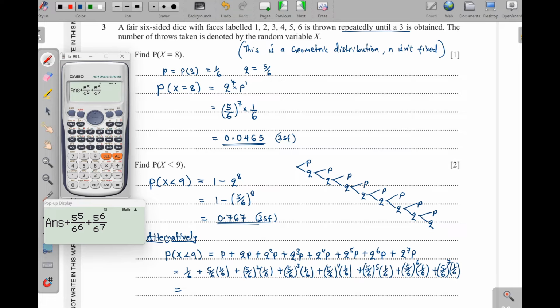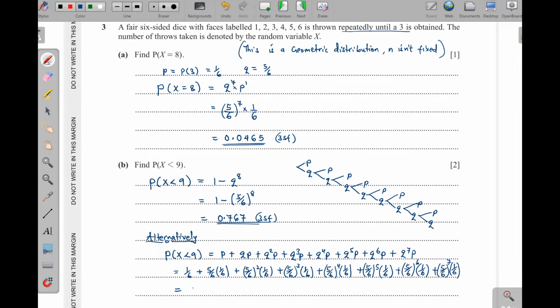And then the next one is going to be 5 power 7 out of 6 power 8. I think that is where we end. You see that we get the same answer, 0.767 to 3 significant figures. So by considering 1 minus this one, it is the simpler way.